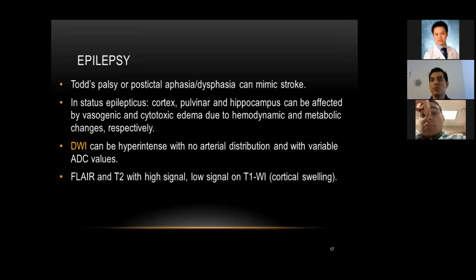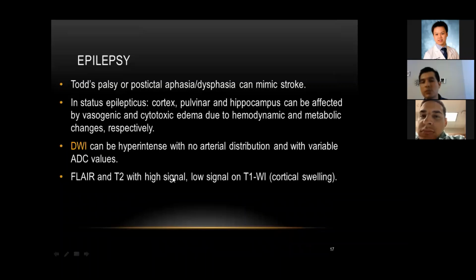And this is due to hemodynamic and metabolic changes, respectively. So you can see a variable DWI. It could be hyperintense with variable ADC. It depends on the severity of the damage.